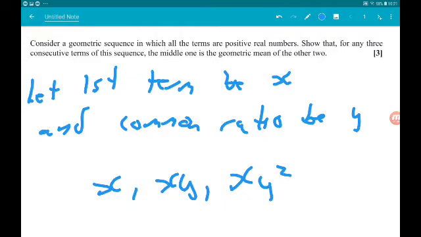Now the insert tells us the geometric mean.